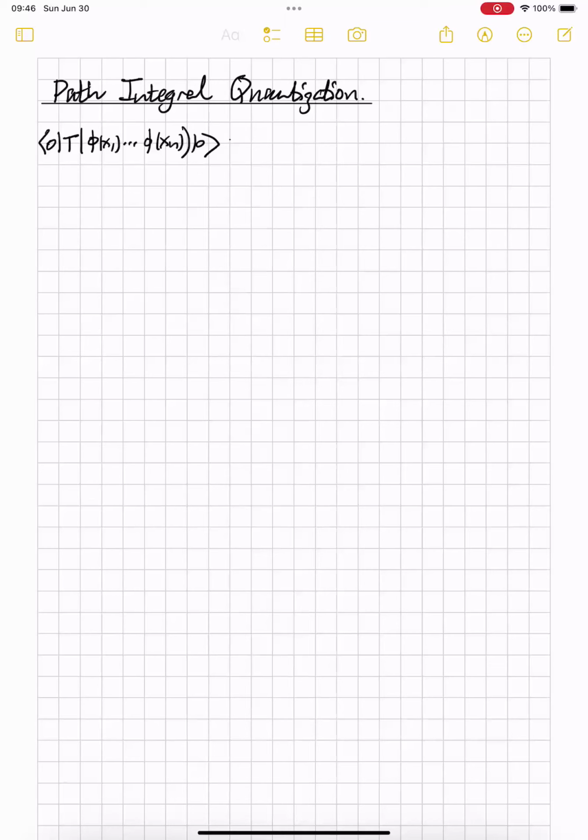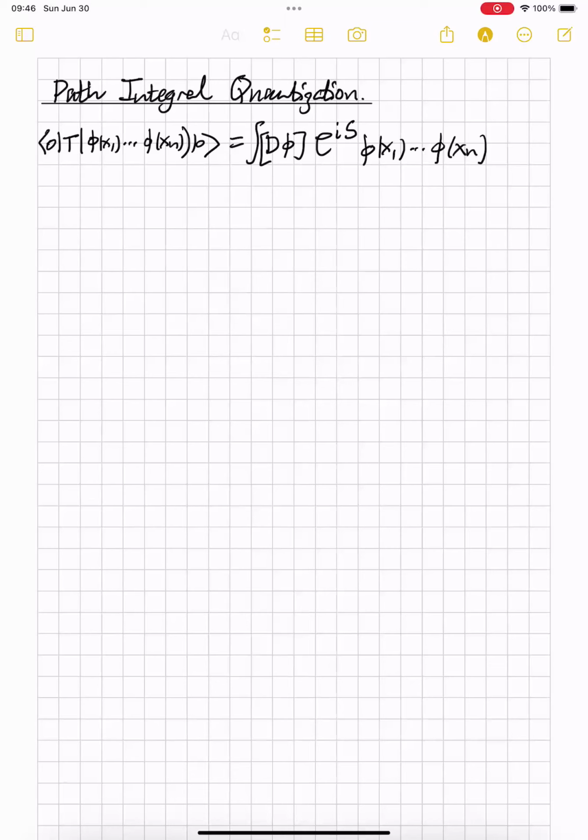And that formula is given by the path integral over all possible fields. So don't get scared. I'm going to have to tell you what this is. And then we've got e to the iS, the action of the theory. And then we've got the product of our n fields.